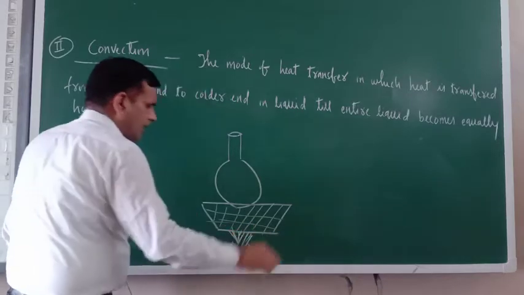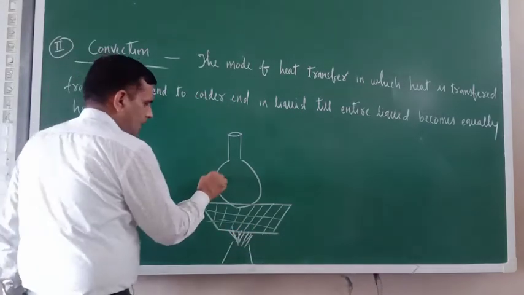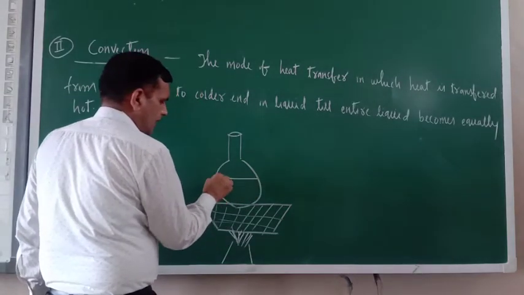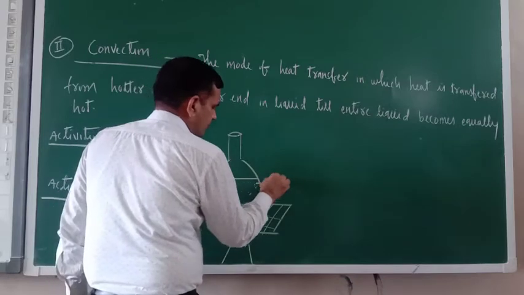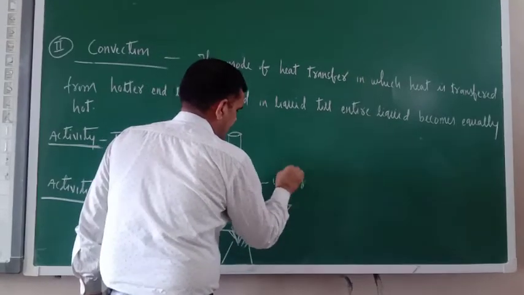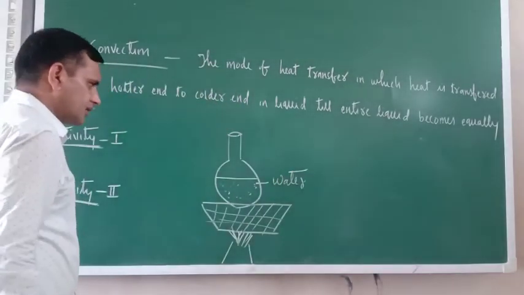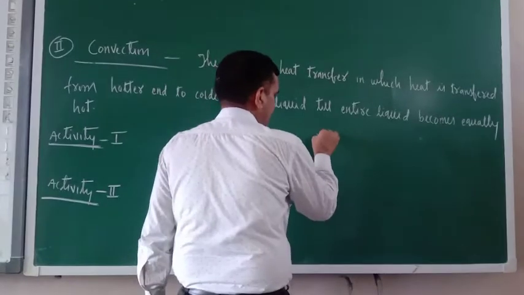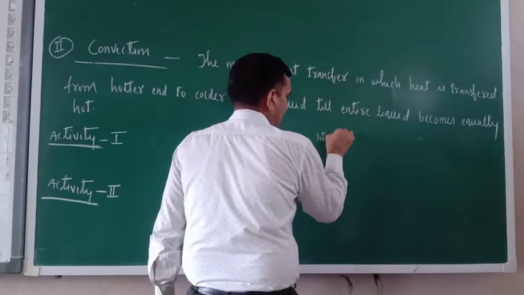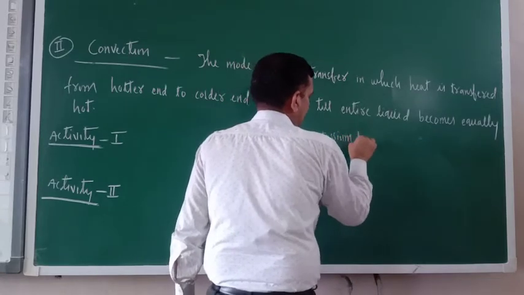Half of the round bottom flask should be filled with water. Now just 1-2 crystals of potassium permanganate you have to add.